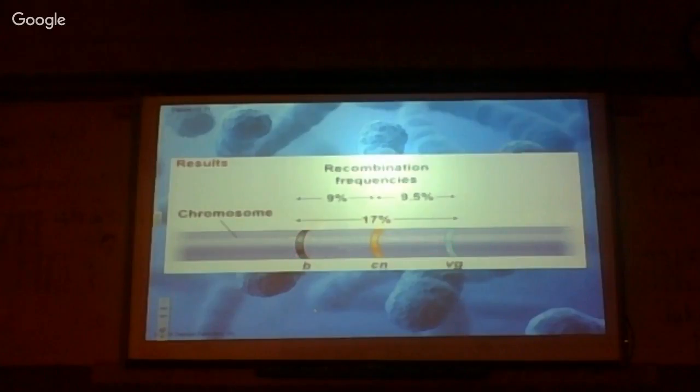He would have to look at those individual alleles and calculate the recombination frequency. And then 9% and 9.5%. Now notice, if you have 9% between the B and the CN, and then 9.5% between the CN and the VG, does that add up to 17?